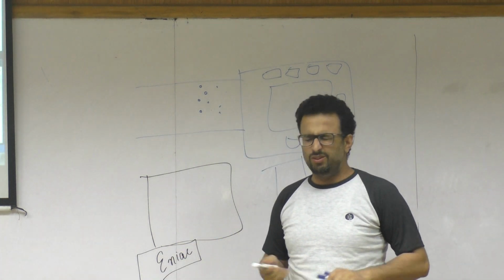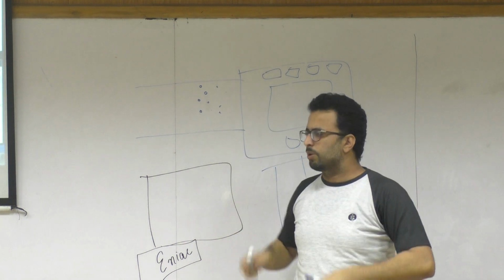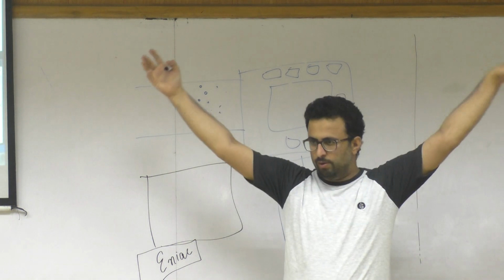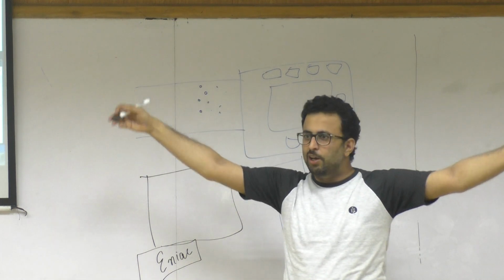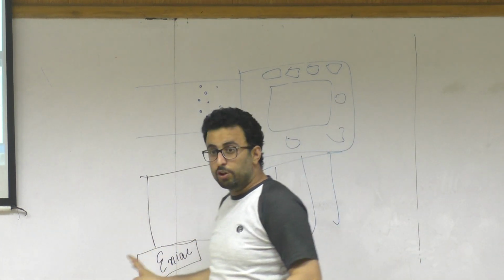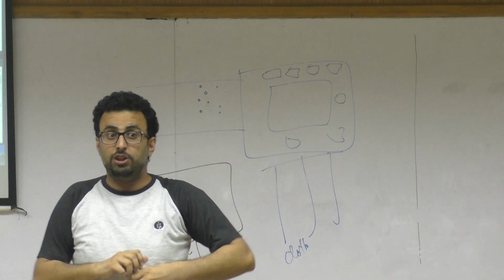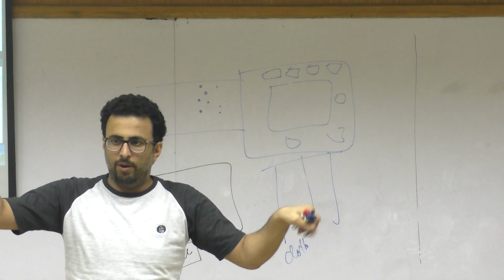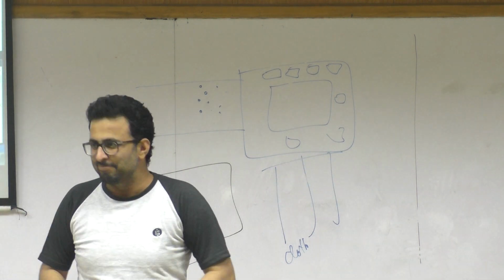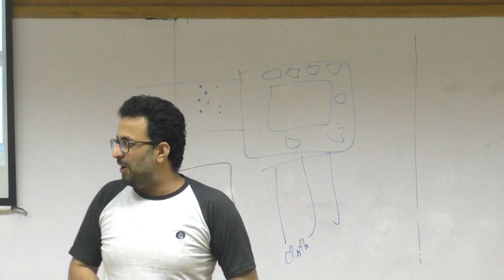ENIAC was around in the 1950s, one of the biggest computers created, and it looked something like this. It was so big, and what it used to do was, let's say, 20-digit addition.